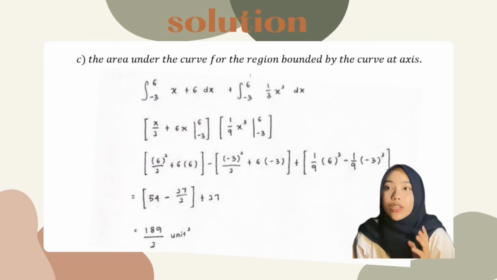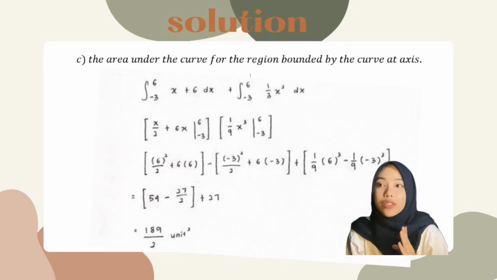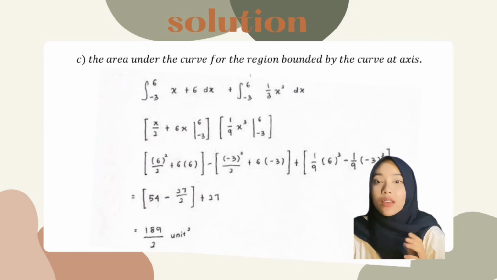So we integrate x plus 6 dx plus 1 over 3 x to the power of 2 dx, and we get x squared over 2 plus 6x and 1 over 9 x to the power of 3, and we evaluate at the limits: x squared over 2 plus 6x, in the bracket 6, minus in the bracket negative 3 squared over 2 plus 6 in the bracket negative 3.